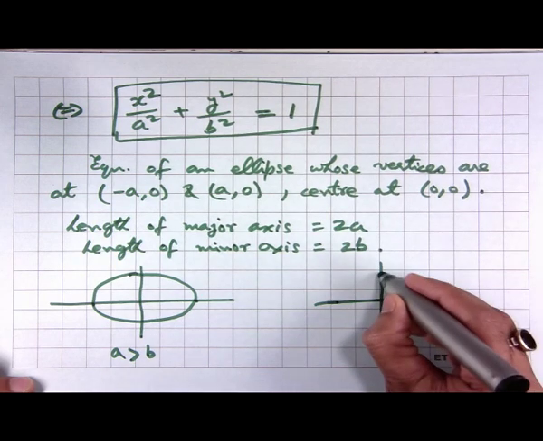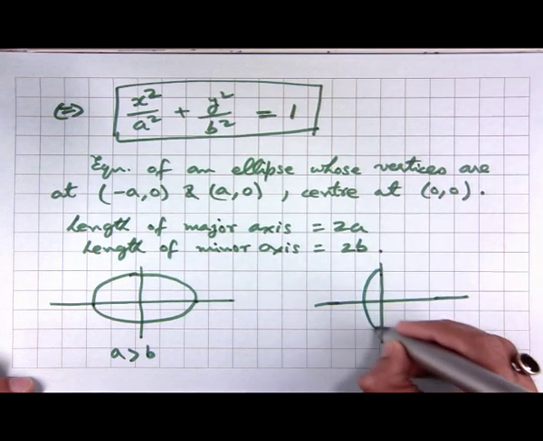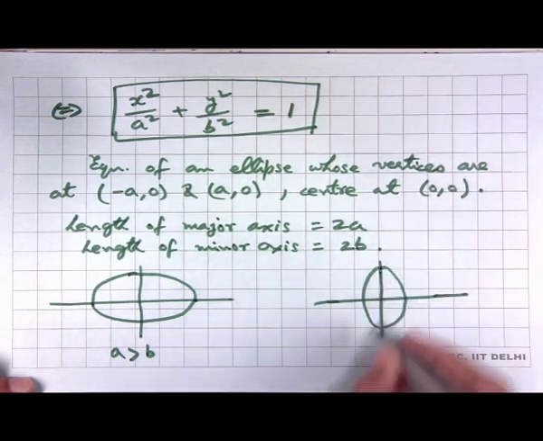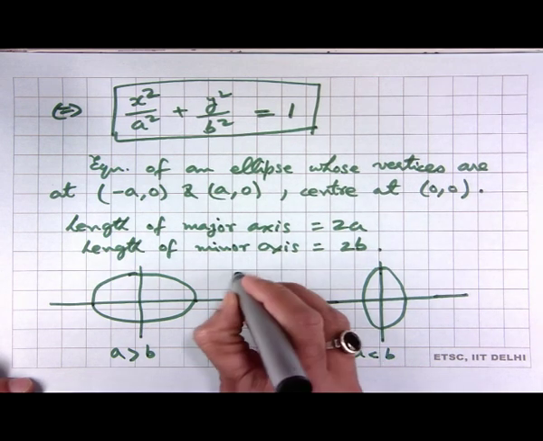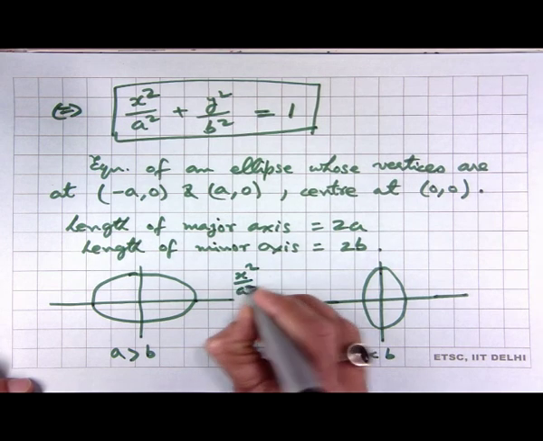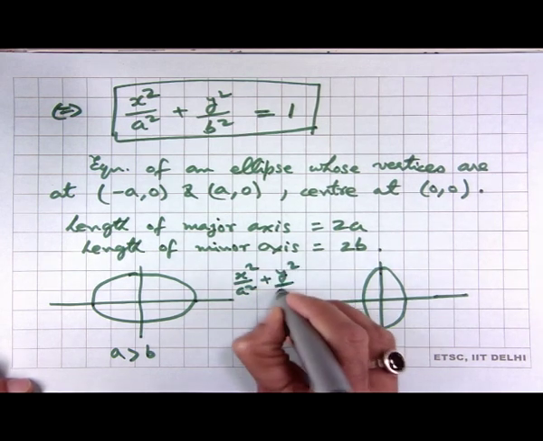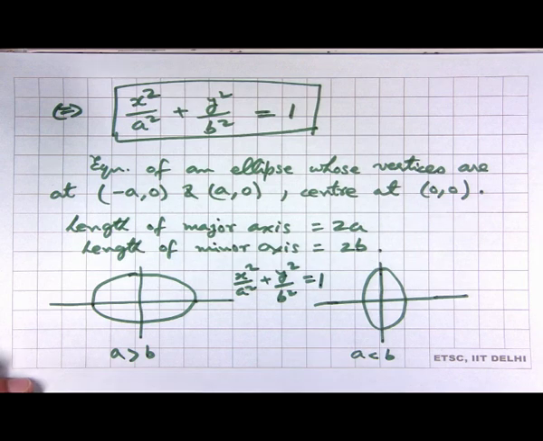or we can have the major axis smaller than the minor axis. So, this is the equation for a less than b. Both are this equation, x square by a square plus y square by b square equal to 1.